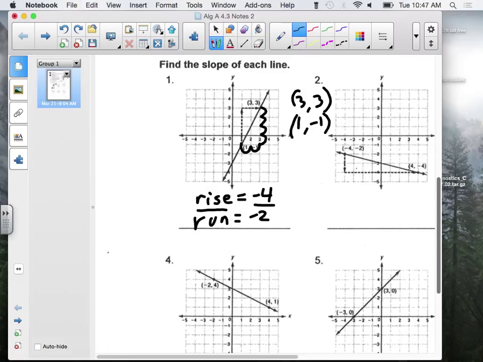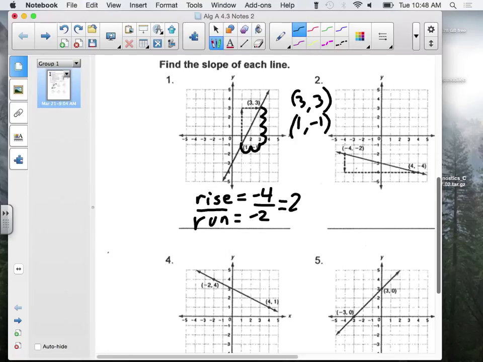Either way, you get the same answer. Okay, so right now we have -4 over -2. What's -4 divided by -2? Equals +2, right? So that's when we started from this point, went down and went left.